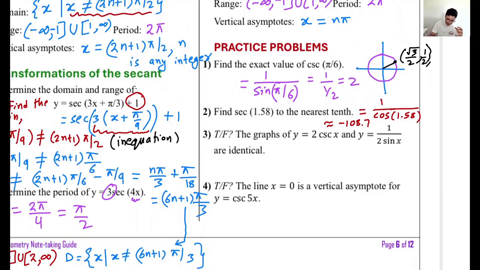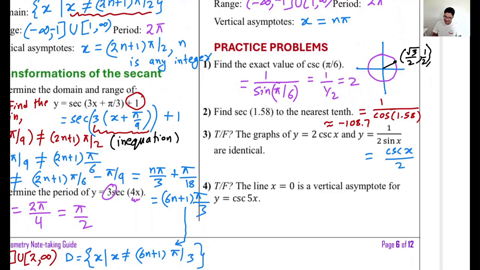Next, the question is true or false. The graphs of y equals 2 cosec x and y equals 1 over 2 sin x are identical. It sounds true at first because cosec is the reciprocal of sine, and 2 is the reciprocal of 1 over 2. But that's not the point. 1 over 2 sin x, if you simplify, only the sin x becomes 1 over sin x, which is cosec x in the numerator.